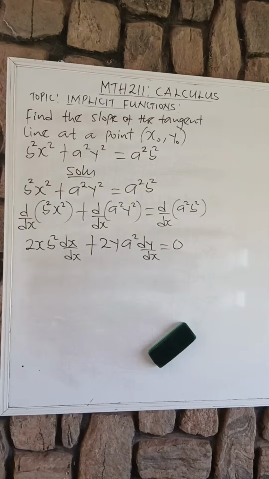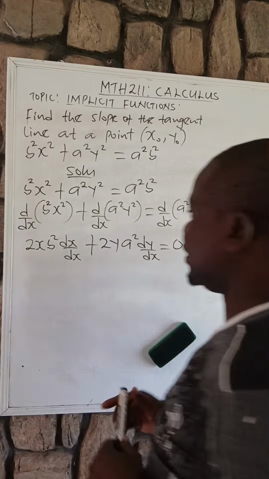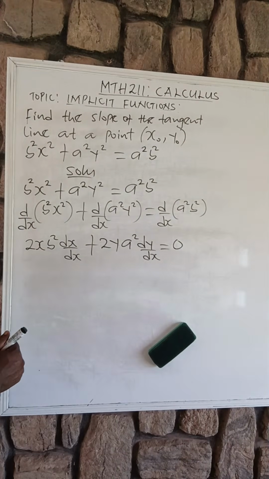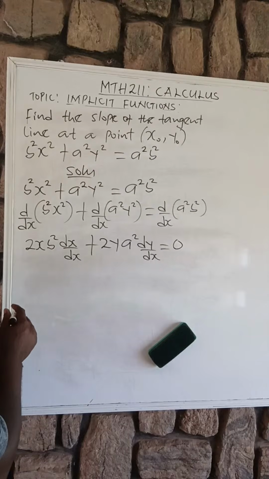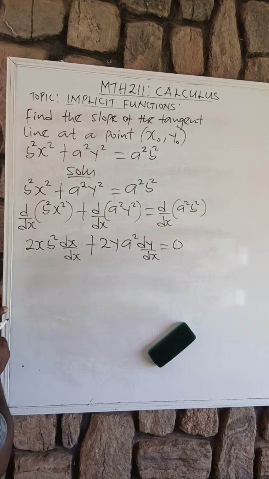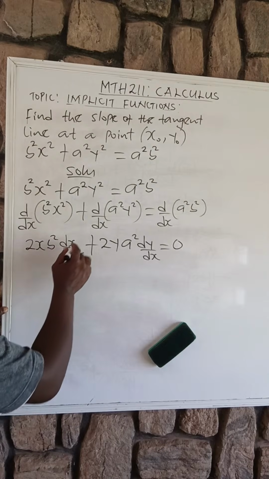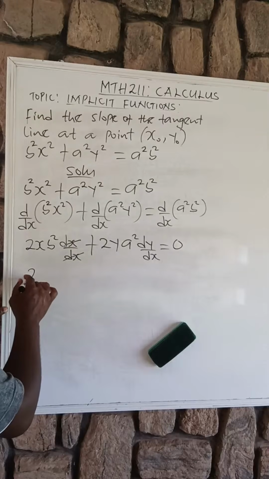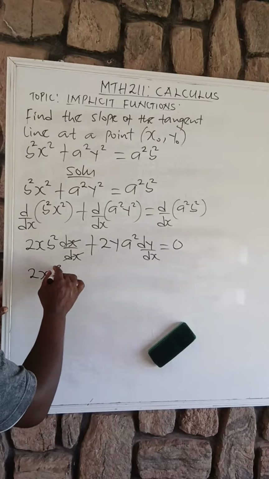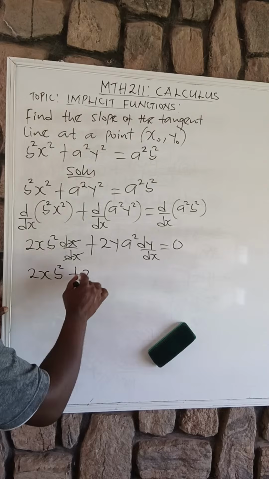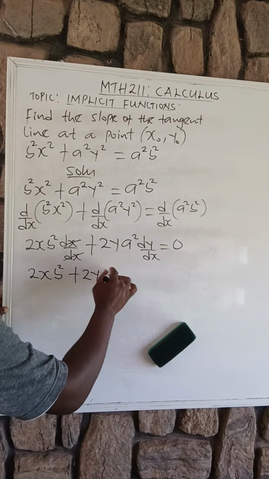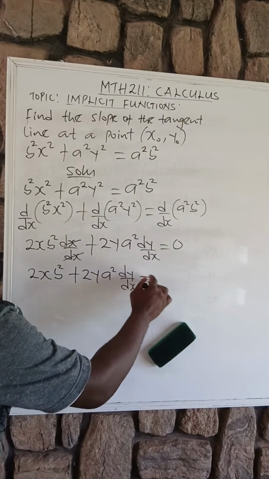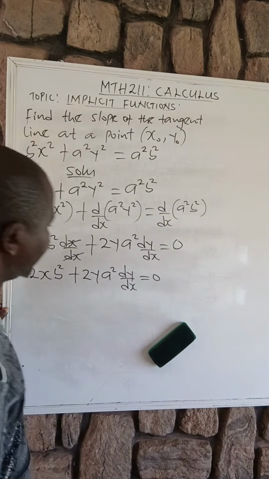Okay, so let us proceed further. If you can see what I am saying, this and this will go. So here we are going to have 2x b square plus 2y a square dy all over dx equals 0.